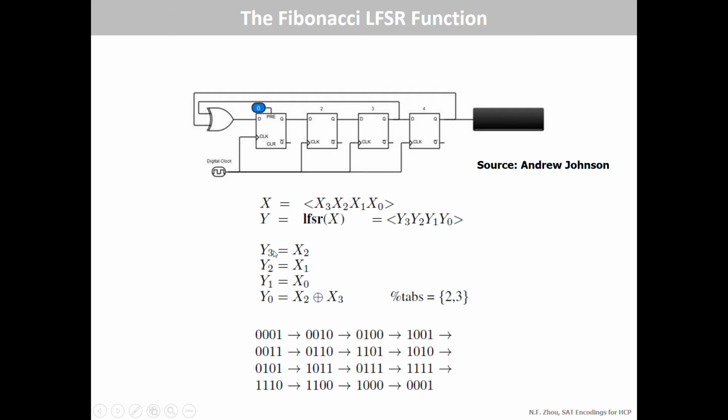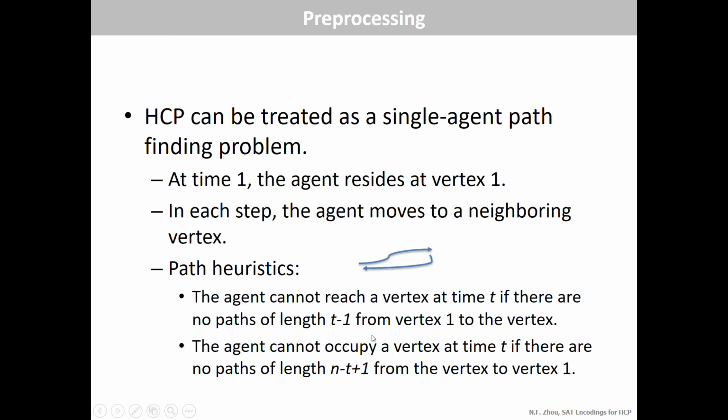So it gets y3 equals x2, y2 equals x1, and y1 equals x0. For the lowest bit, it chooses 2 bits as taps and takes the XOR of these 2 taps. In this way, it can generate all these non-zero values.